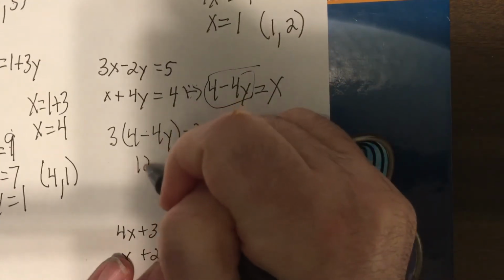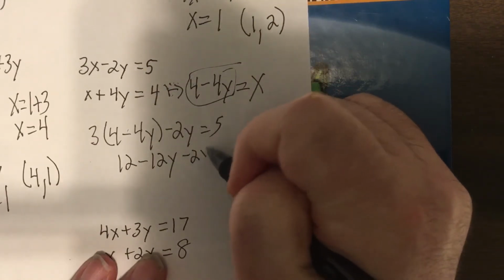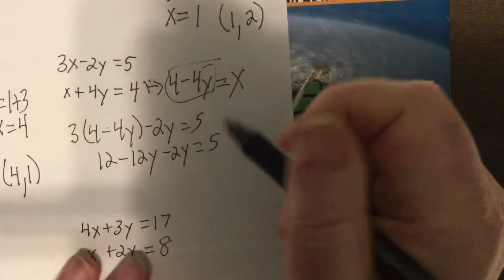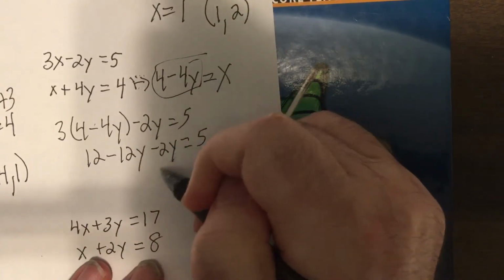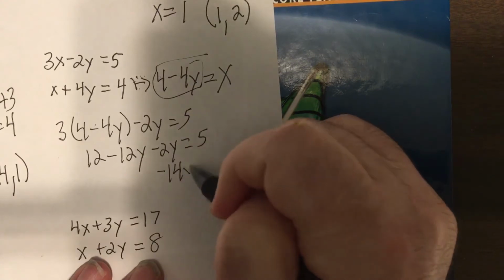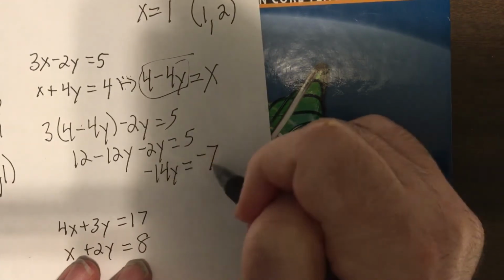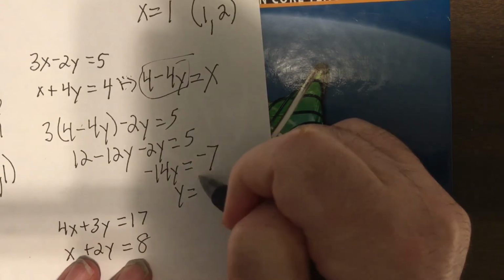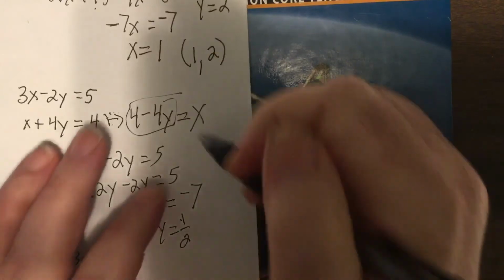So subtract 4y, so 4 minus 4y. So I'd have 3 times 4 minus 4y. Subtract that, so that equals x. Put it in the first x. So I have 12 minus 12y minus 2y equals 5. So I'm going to subtract the 12, combine these, it's minus 14y equals negative 7. Divide by negative 14, y equals a half. So I'm going to put that back in.